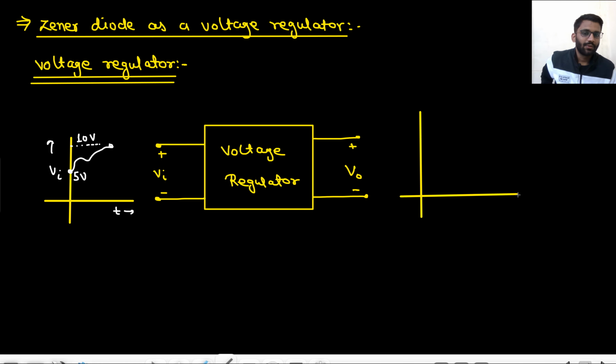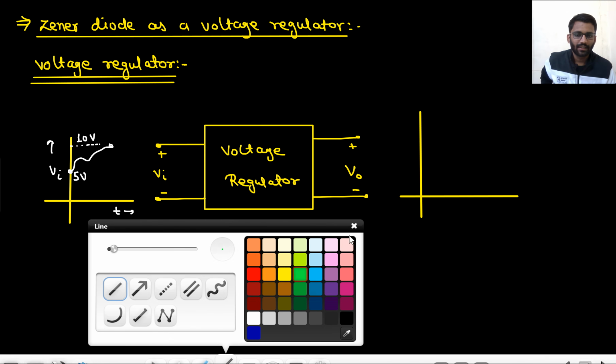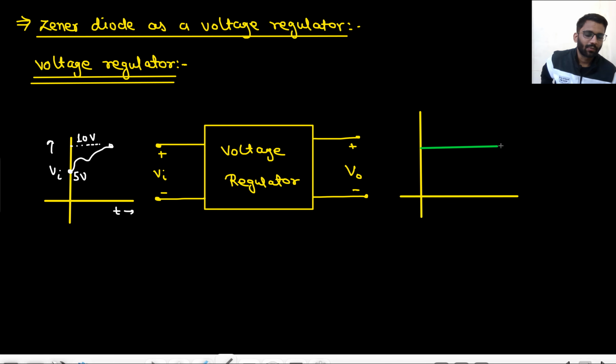So for that you will use a Zener diode, because a Zener diode gives you a constant voltage, right? So this is what I need at the output, a constant voltage. It can be any value. I'm calling that voltage Vz. So here your Zener diode can be used.